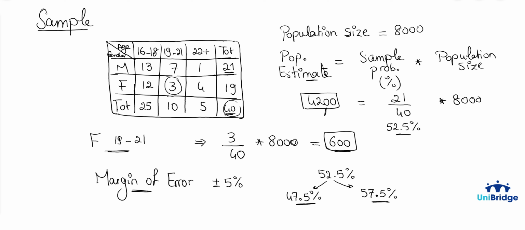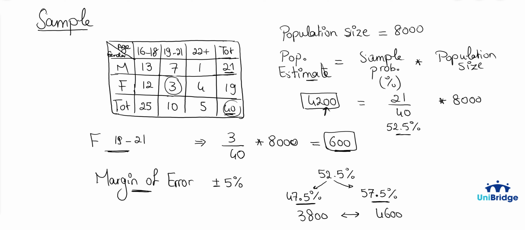So saying that it might not be 4,200, but 47.5% of the 8,000, it could be 3,800. Or the percent of males in the population could be as high as 4,600. So it's as if you're giving yourself a range when you're estimating.